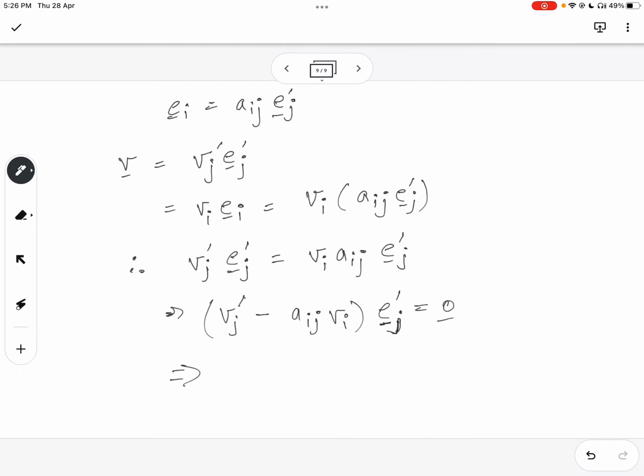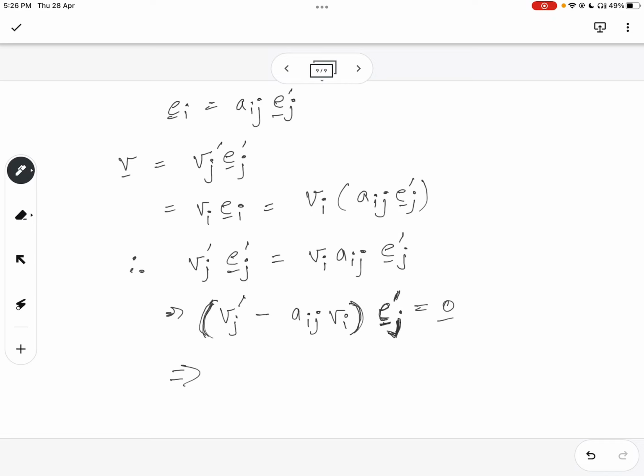so here we invoke our definition of linearly independent vectors again. So the Ej primes are all linearly independent vectors, and these are scalars.